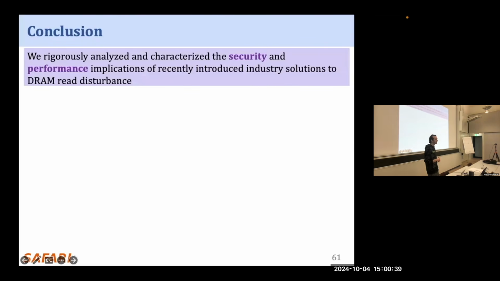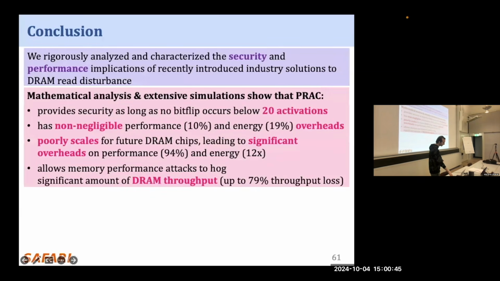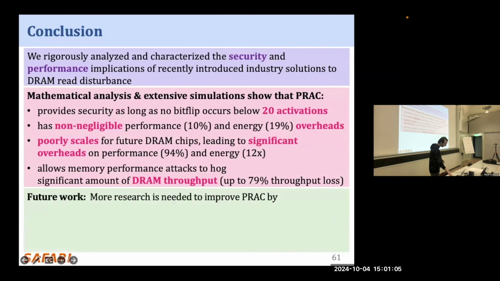So we rigorously analyze and characterize the system and performance overheads of these newly introduced industry solutions, DRAM RowHammer disturbance mitigations. Our evaluations show that PREC is secure against RowHammer thresholds down to 20, has high performance and energy overheads for today's DRAM chips, and it scales poorly to future DRAM chips, inducing higher system performance and energy overheads. We also show that PREC can be exploited as a memory performance attack vector, plugging a significant amount of DRAM's throughput.